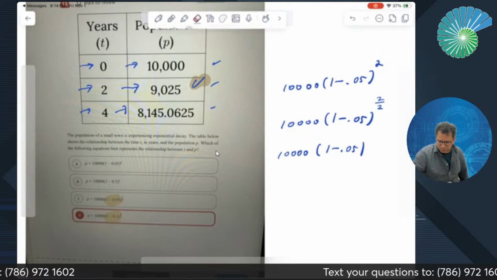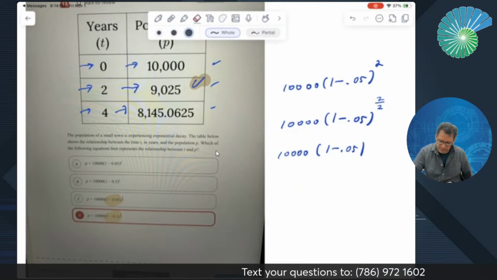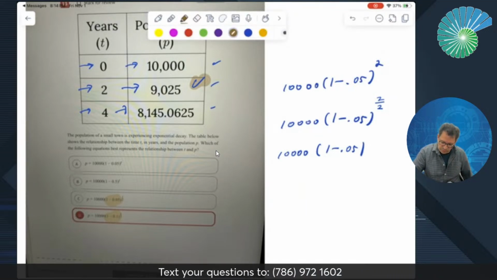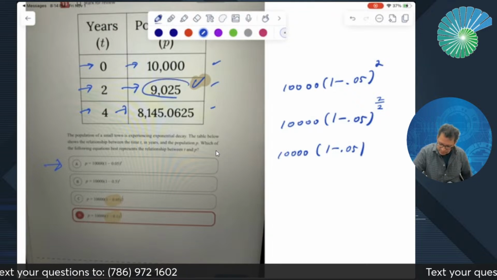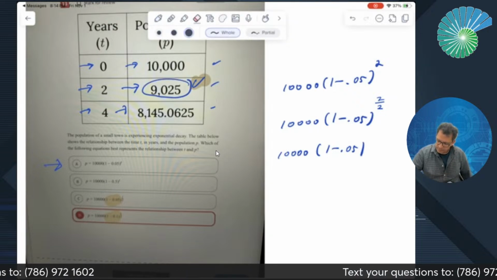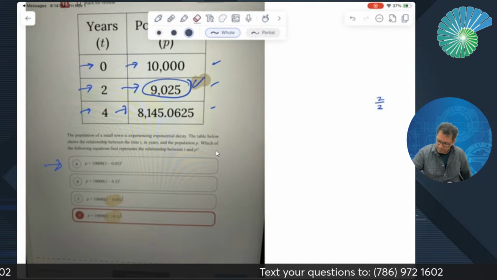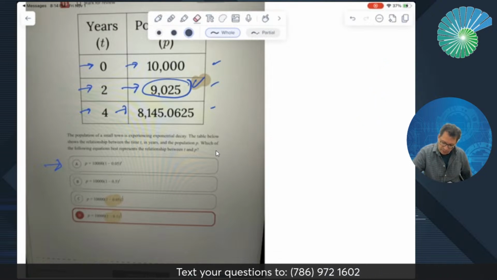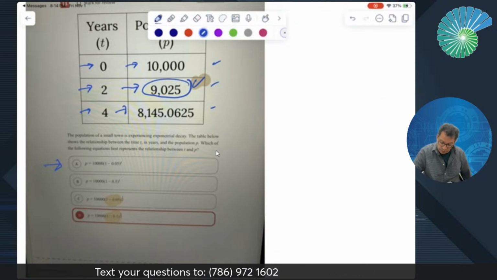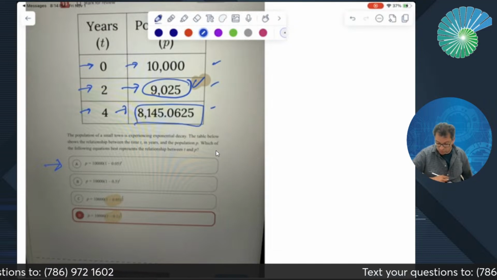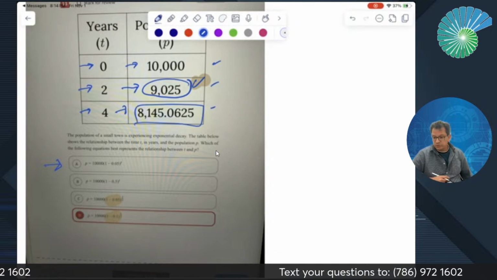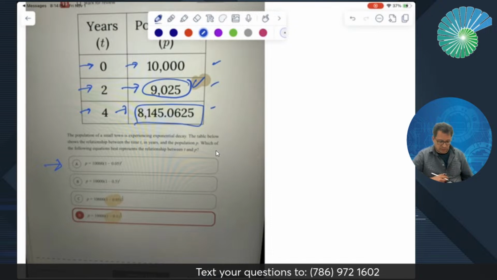I was probably plugging it into something else. Yeah, 1 works. So when you plug in 2 for t, you get 9,025. Now, when I plug in a 4, do I get this value? If I really want to be sure, then I plug in a 4 to see if it works.